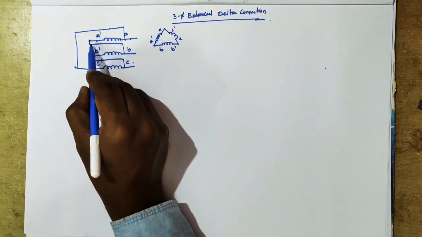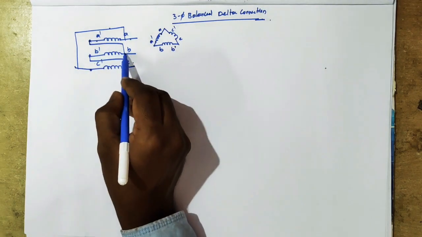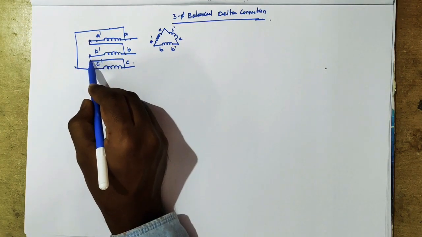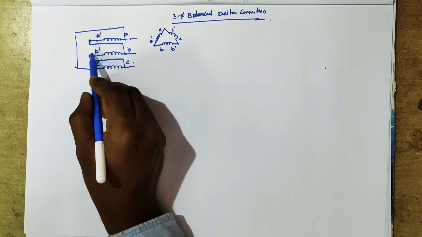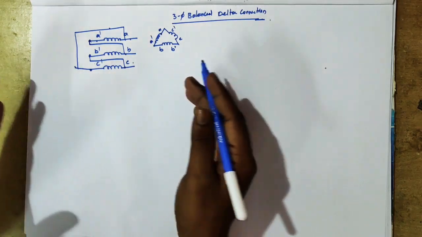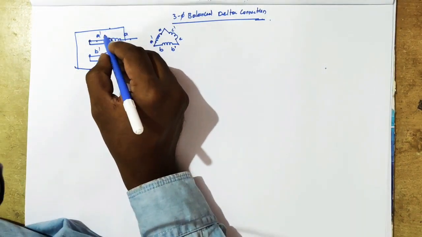But we need to observe carefully that the opposite winding terminal is connected to the initial terminal. The other terminal is connected to the initial terminal. So this is the delta connection. Now, as I said already, a potential voltage will be developed here.